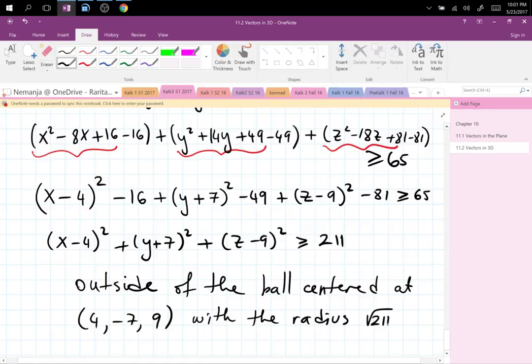Oh, but it's also the shell. So it's outside of the ball and the shell of the ball. It's not just the outside because of the equal sign, right? The equal sign is taking the eggshell, and then also all of the outside because it's larger than. Good. That was a cool problem.